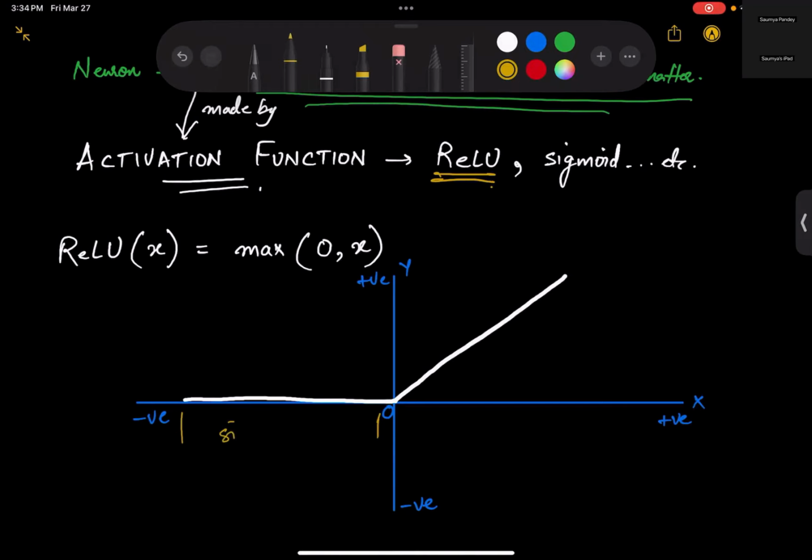Here the signal is negative. And when the signal is positive, let it pass, right? So here we see this is not 0. All the values here are non-zero, right?